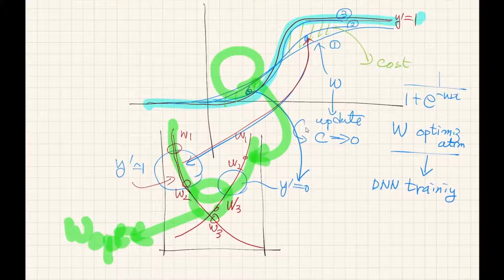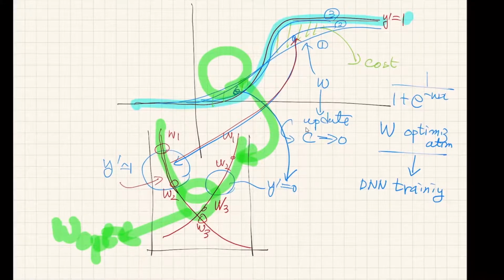I'm trying to explain that process for the case of the cross entropy cost function. Now, even though this is a little bit difficult class, let's move on a little bit more.